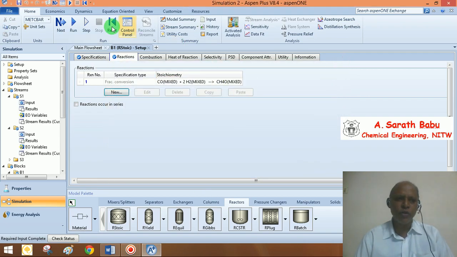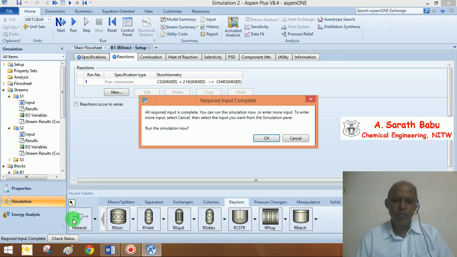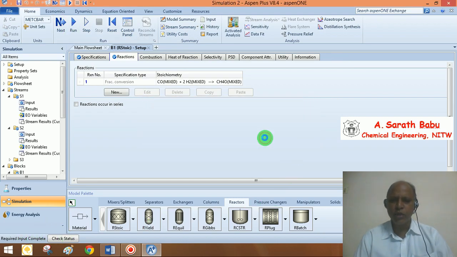Close this window, go to next input setup. So we have completed the problem definition. We will be able to run the simulation.